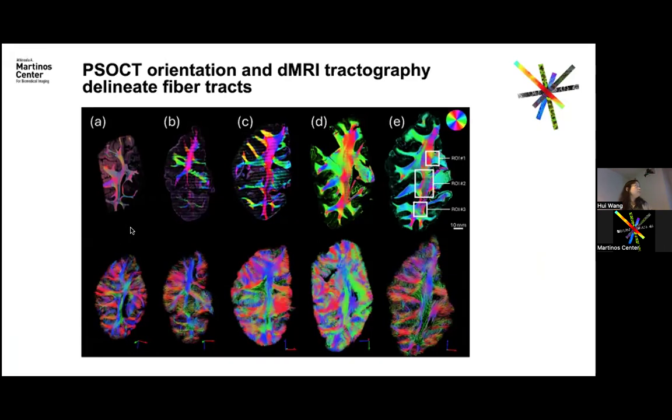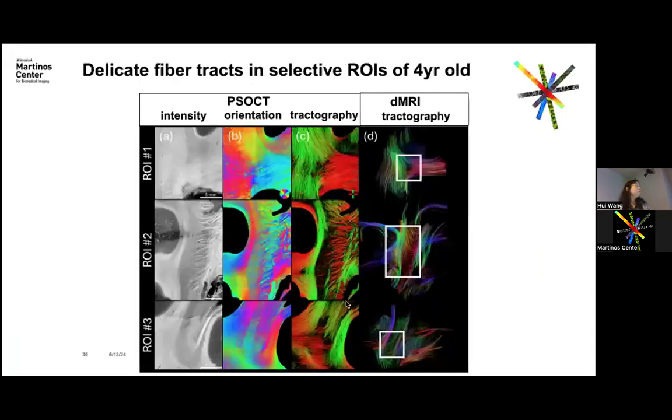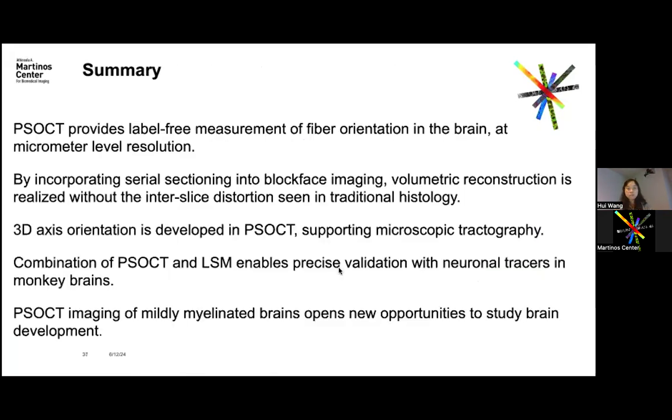We're very glad to see that the fiber orientation can be shown in brain samples as early as 3 months old, and the SNR gets better and better as the brain develops. Those are some detailed comparisons using still 2D tractography by PSOCT orientation to see different fiber configurations.